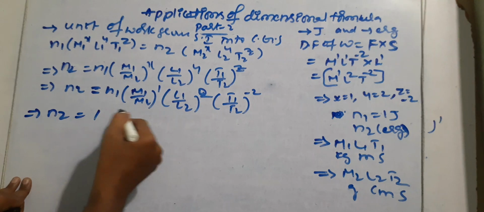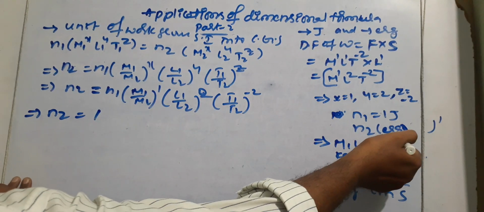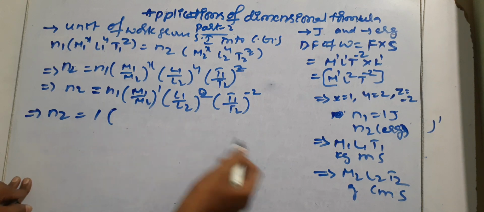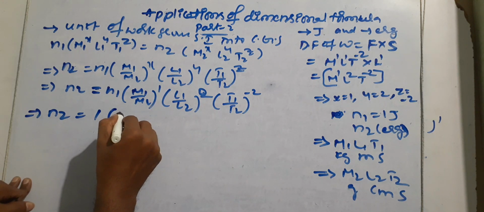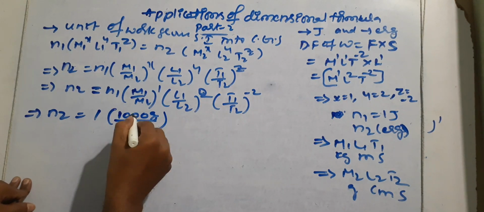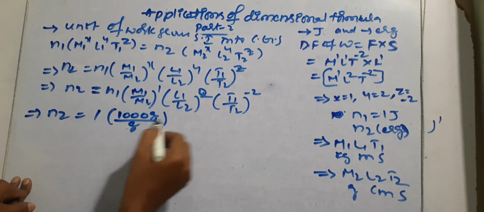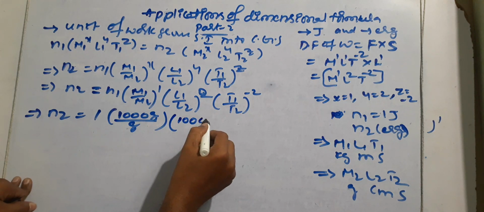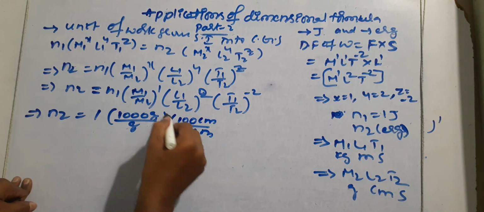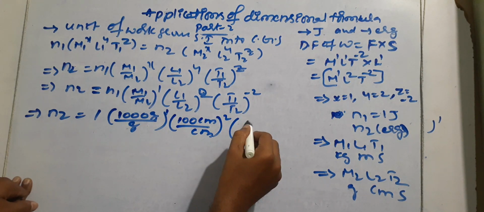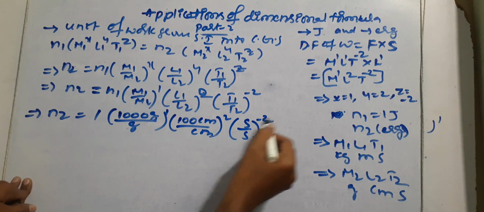So N1 is given as 1 joule. We want to convert into ergs. So 1 of kg, and kg you can write directly as 1000 grams, 1000 grams by gram. Here also meter by centimeter, that is directly 100 centimeter by centimeter, whole power 1 whole square. Second, T1 is a second, and this is second whole power minus 2.